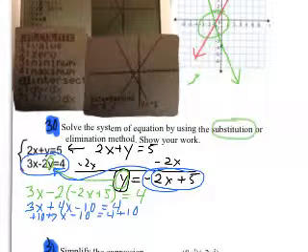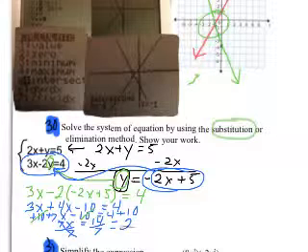And now my 10s cancel each other out, right? And I've got 7x equaling 4 plus 10, which is 14. And then I divide by 7. 7's cancel out. So x equals 14 over 7, or 2.